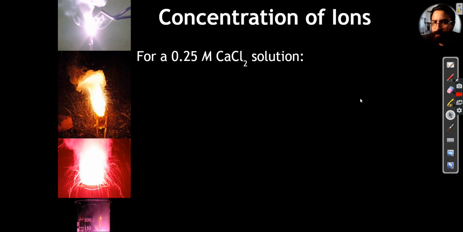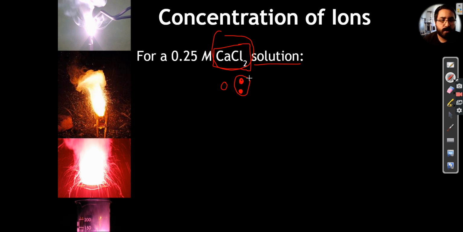All right, so how do we calculate the concentration of ions? Remember, whenever you see an ionic compound in solution, it breaks apart. For example, CaCl2 has one Ca and two Cl. So if you have 1 mole of CaCl2, you're going to have twice as many chloride particles, because 2 of them make 1.